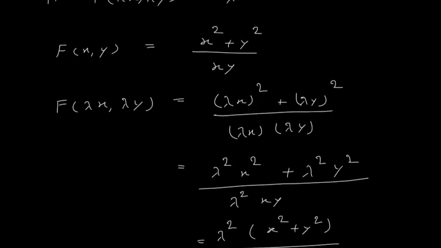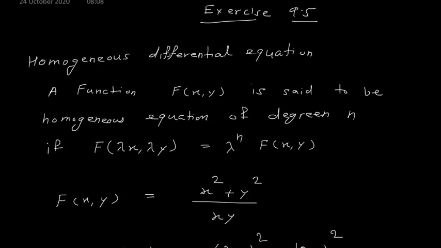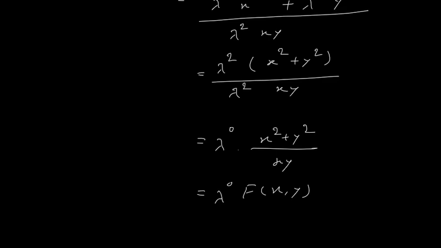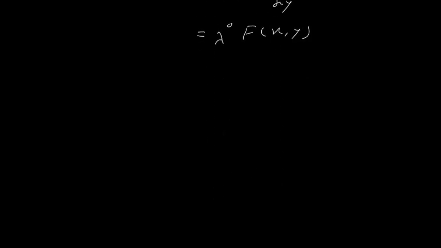So if f of lambda x comma lambda y is equal to lambda power n f(x, y), where lambda is some constant, then it is called a homogeneous equation. Now here in this case the degree of this homogeneous equation is 0. Okay, so degree could be anything. Like if I take another example, say f(x, y) equal to 2xy plus y square.